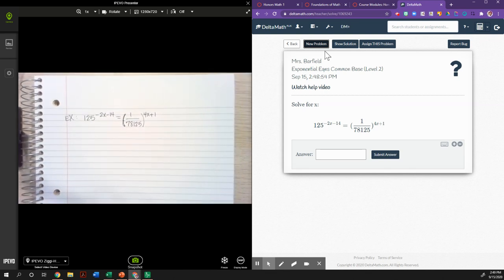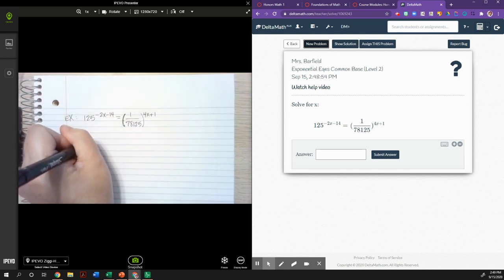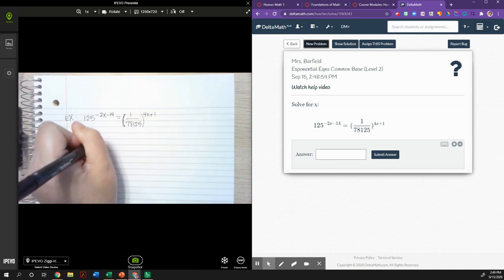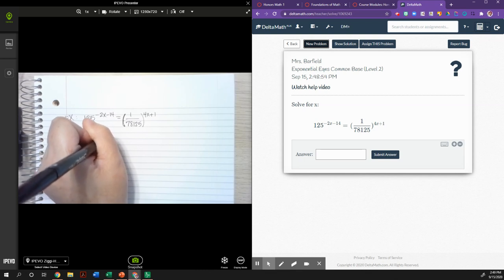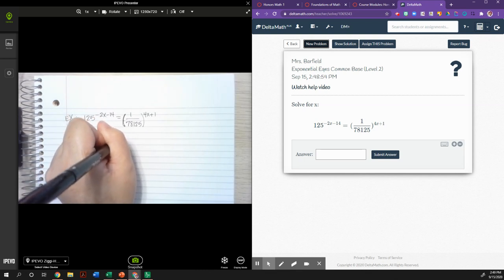125 ends in a 5, so I'm probably dealing with my row 5. I've got 125 is 5 to the third power. So 5 to the third equals negative 2x minus 14.